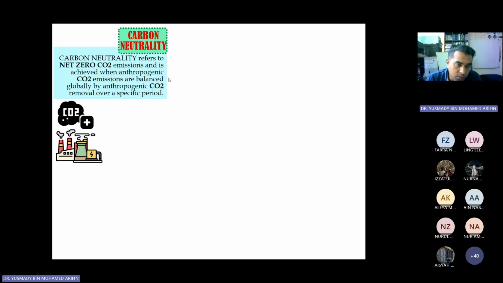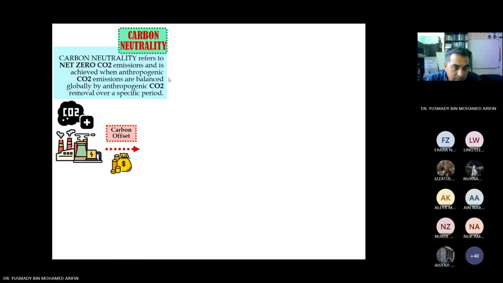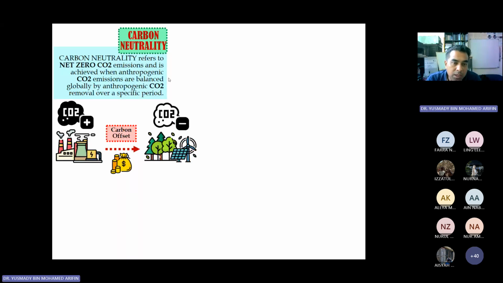So now we already know that the industry released 1,000 kilogram. So this one we call carbon offset because of the additional CO2 released to surrounding. So what we need to do, we need to invest the money to produce a certain system in order to recapture the 1,000 kilogram of CO2 released to surrounding.